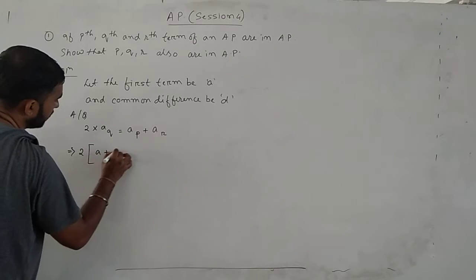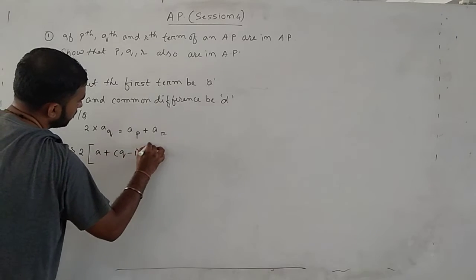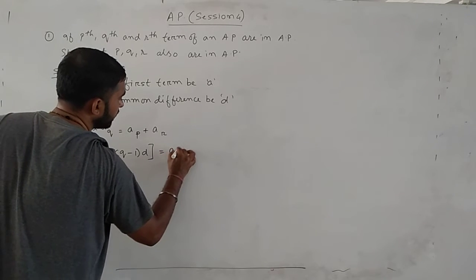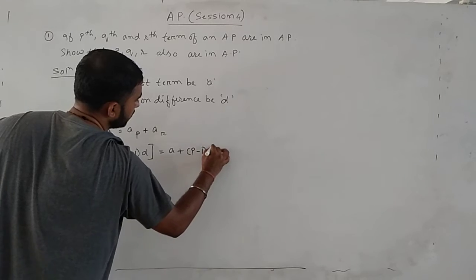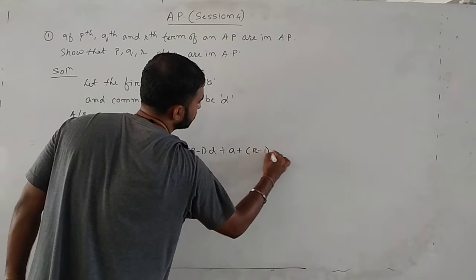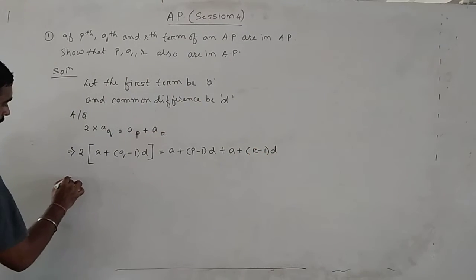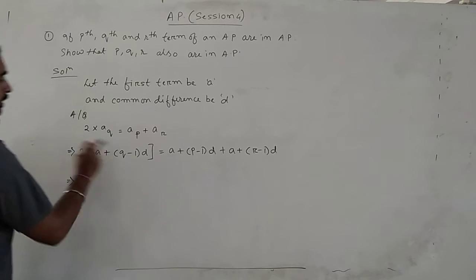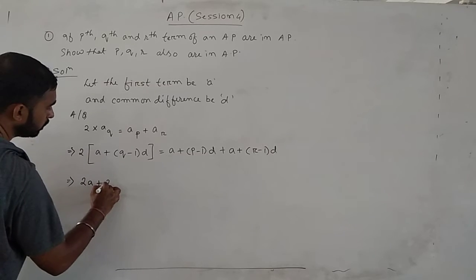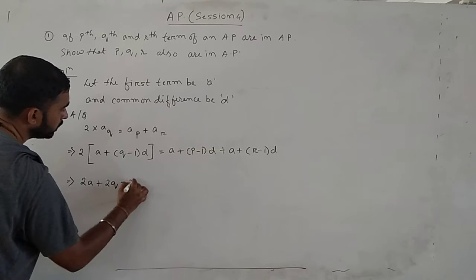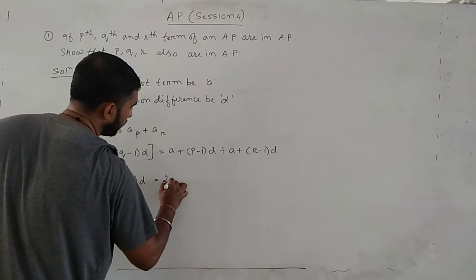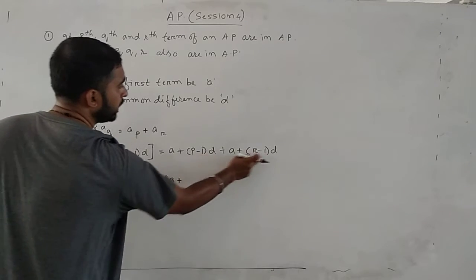which implies twice A plus Q minus 1 D equals the Pth term, A plus P minus 1 D, plus the Rth term, A plus R minus 1 D. Now we'll multiply 2 with all the terms inside the bracket. 2 into A, twice A; 2 into Q, twice Q; 2 into 1, 2, D equals A plus A, twice A. Here D and here D, D is common.